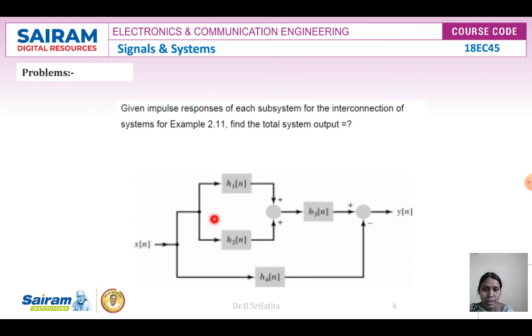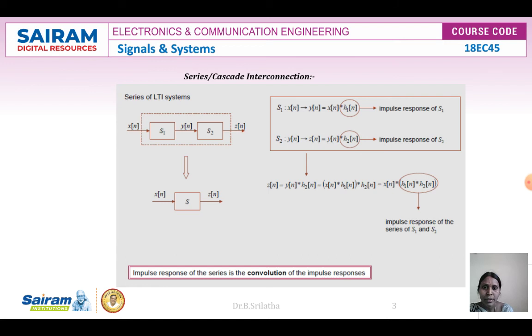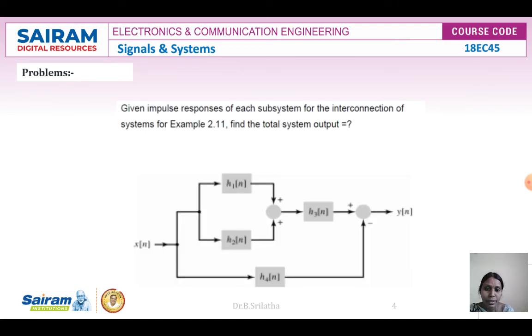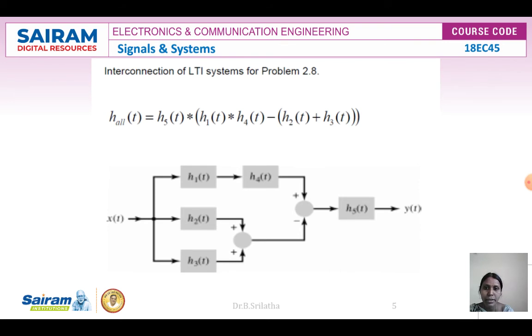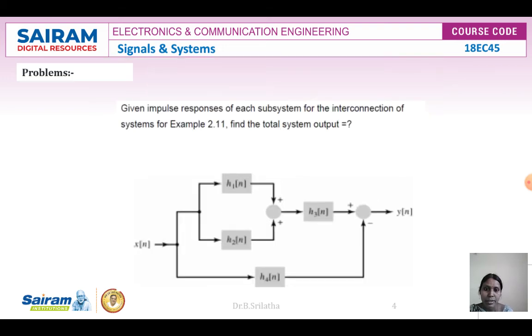So now we can write it as h1 of n plus h2 of n, into h3 of n. Again, this whole resultant is in series with h4 of n.